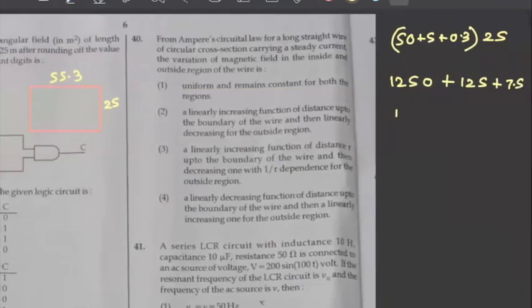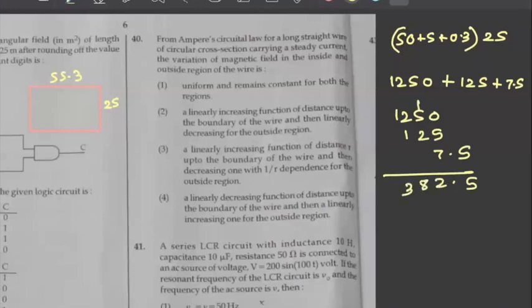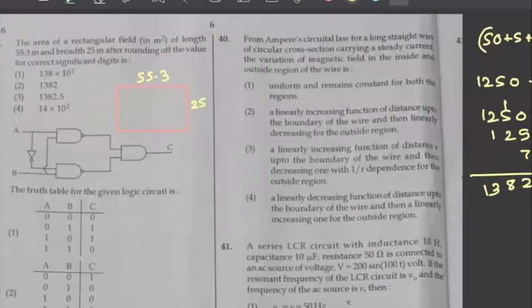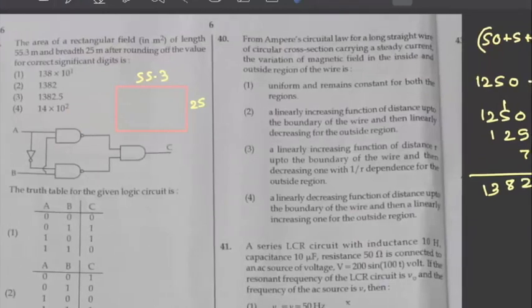So add these numbers, 125 and this is 7.5. So we get 1382.5, and they are asking us, after rounding off, the value for correct significant digits.